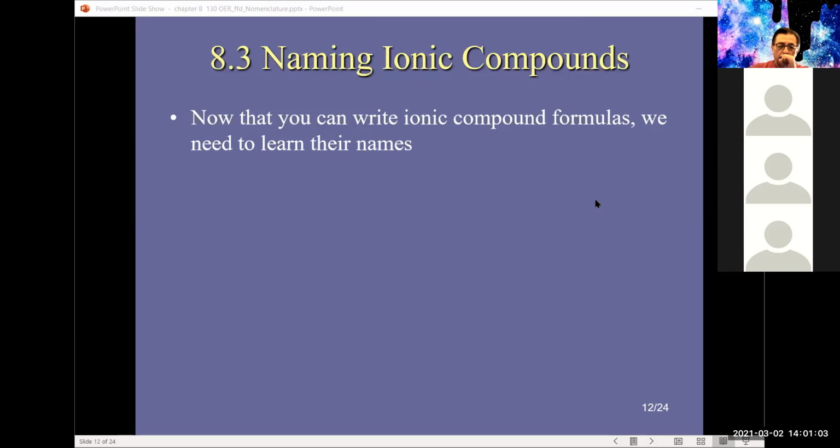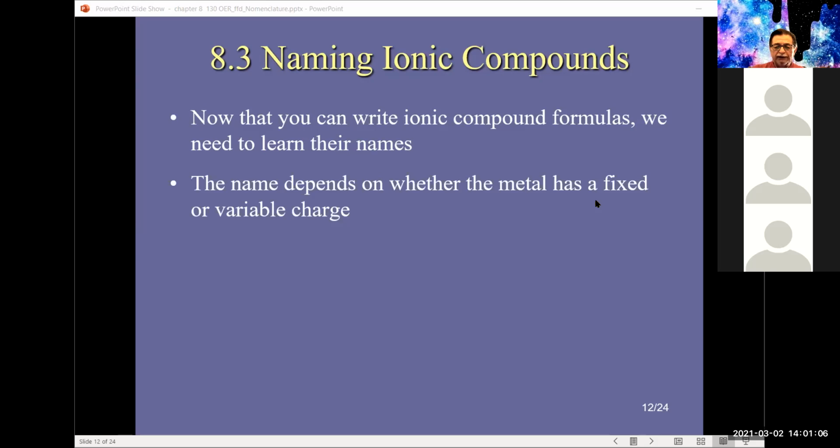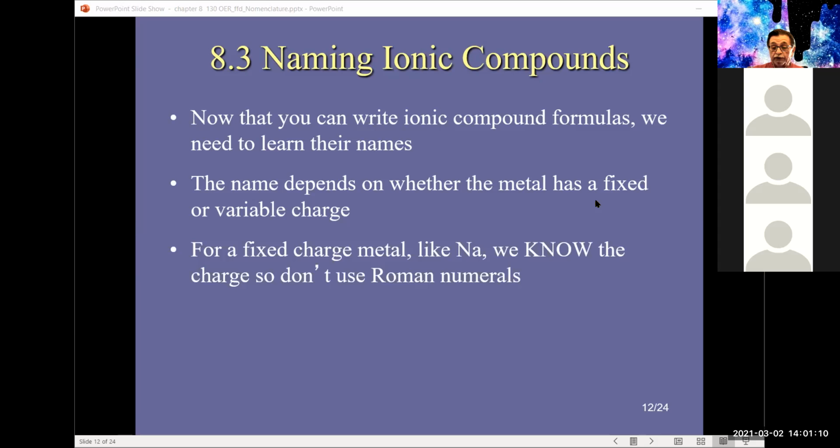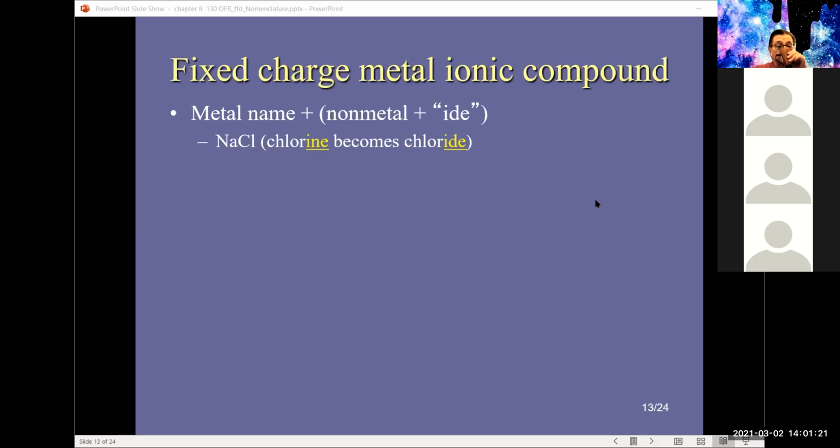All right, so naming ionic compounds, which we've been doing as we progress, and this is all about. So for fixed charge metals, we don't use a Roman numeral. We've been talking at length about the anion and the name and how they change.